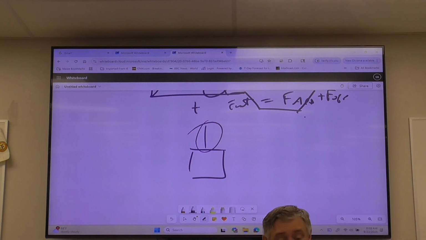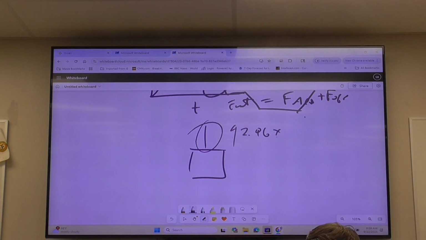That's why this string has a relatively low breaking point, and I was able to pull it apart with my hands. So you know that a cable is going to snap if the force on it exceeds 2.96 times 10 to the 4th newtons, so that upward force can at most be that.